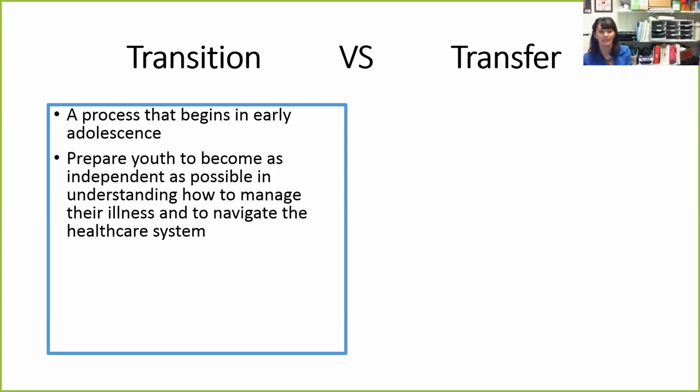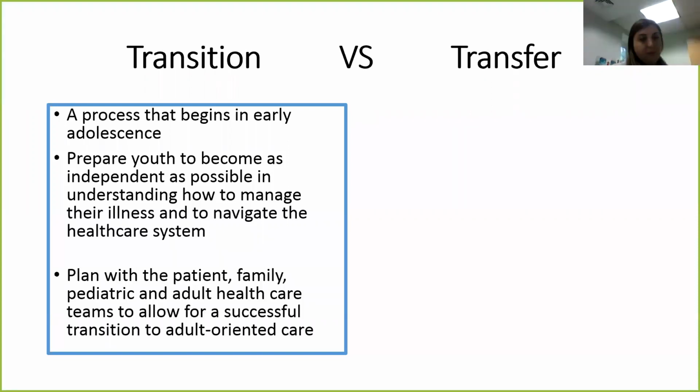And I say as independent as possible because in our patient mix, especially those with epilepsy, we have a lot of patients who have very severe learning disabilities, cognitive disorders, or intellectual disability. So they may not be completely independent, but they might be able to navigate some of it on their own. And then we develop a plan with the patient and their family, and the pediatric and adult healthcare teams, to allow for a successful transition to adult-oriented care.